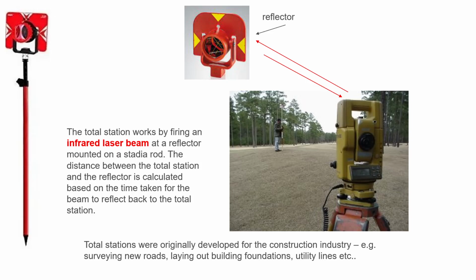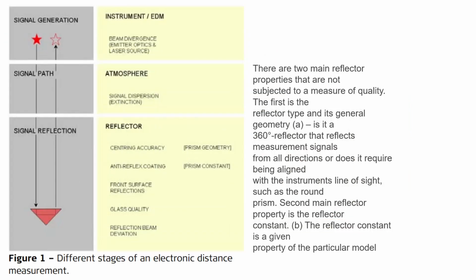The total station works by firing an infrared laser beam at a reflector mounted on a stadia rod. The distance between the total station and the reflector is calculated based on the time taken for the beam to reflect back to the total station. Total stations were originally developed for the construction industry, surveying new roads, laying out buildings' foundations, utility lines, etc.